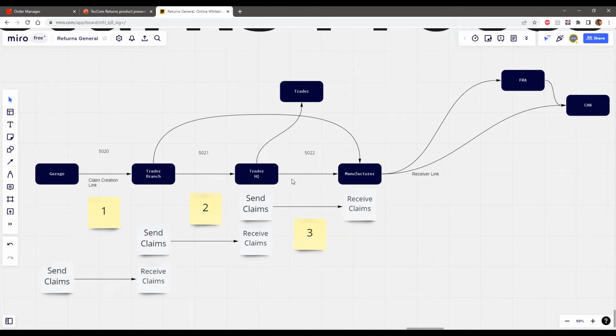The trader will get this information: is it rejected or is it accepted? Then they will inform the garage and tell them, okay, we have the issue solved. You will get your money. Everything is fine.